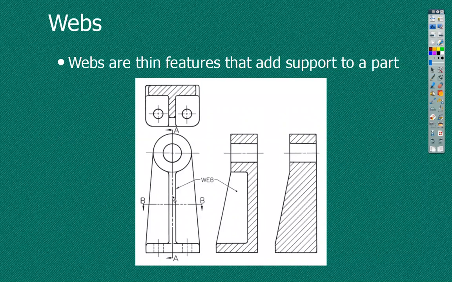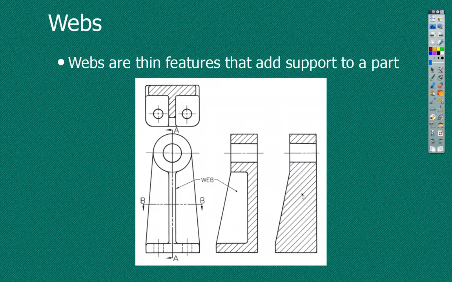So here's a web, or rib. Webs, ribs, spokes are things that we don't show the section on because they don't go all the way through. If we're cutting it here, BB, we do section it because that does go all the way through the part. But AA, cut here, this is the way we need to show it, not this.